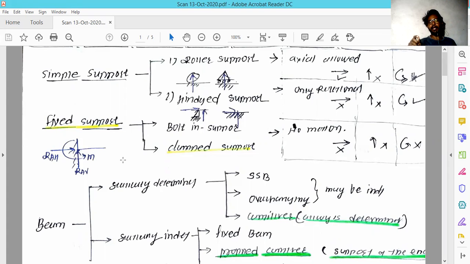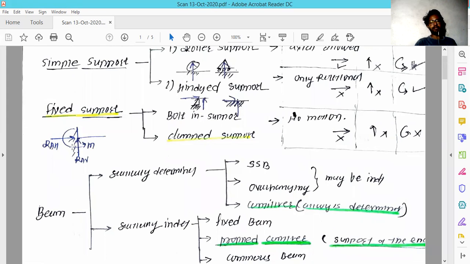I have shown this just below the fixed support diagram: you apply the moment, the vertical force opposing the vertical movement, and the horizontal force to denote the horizontal restriction.